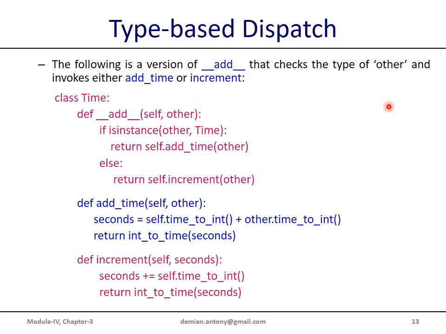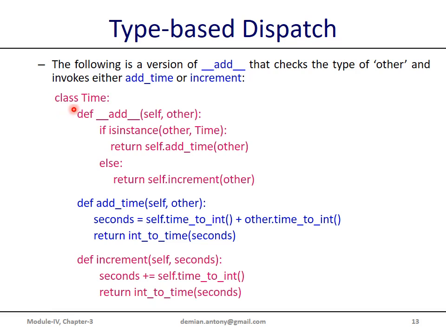Type-based dispatch. What is this? Type-based dispatch is a mechanism which selects the suitable method at runtime for execution based on the type of the parameter or the argument. Let us understand this concept by taking the time object and the two related methods called add time and increment.